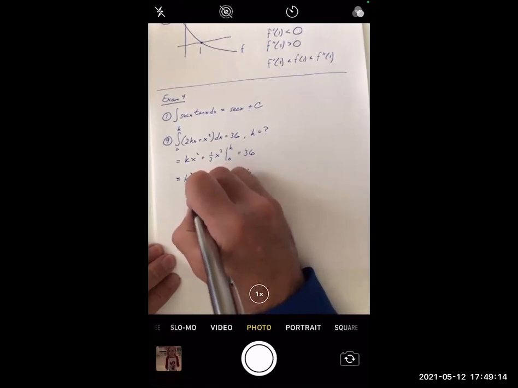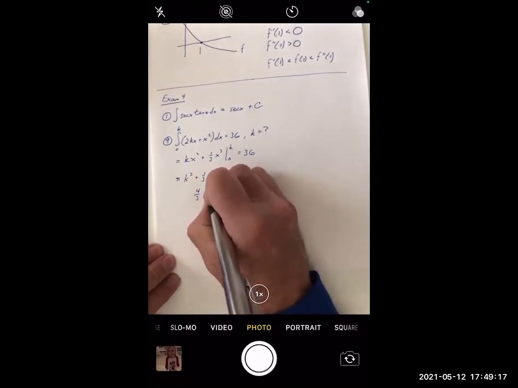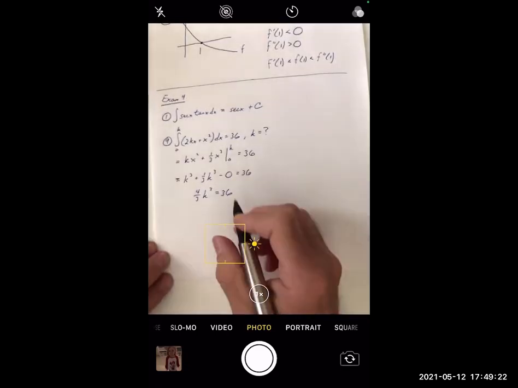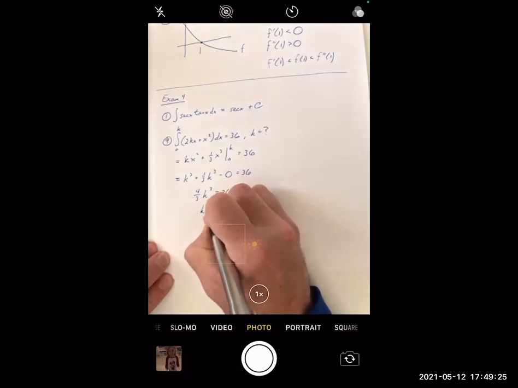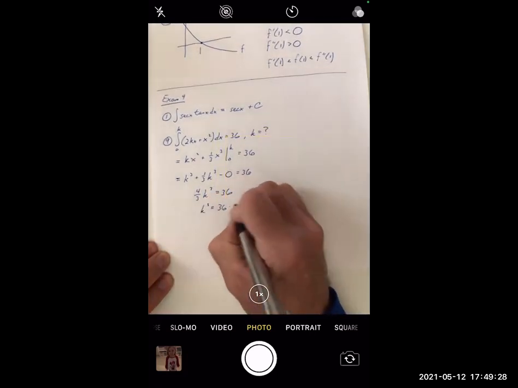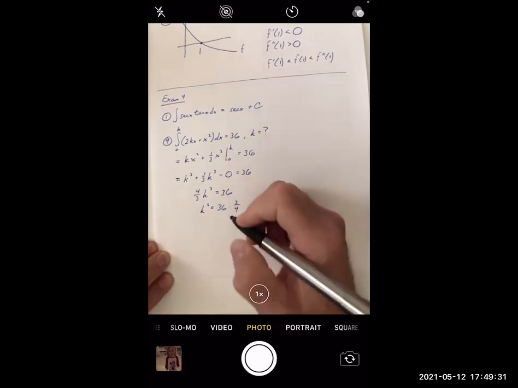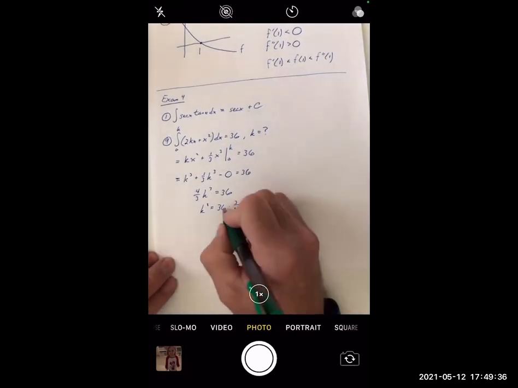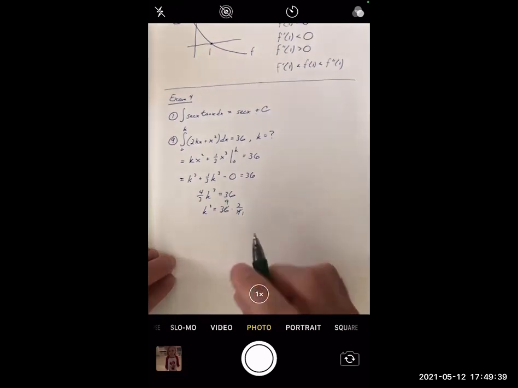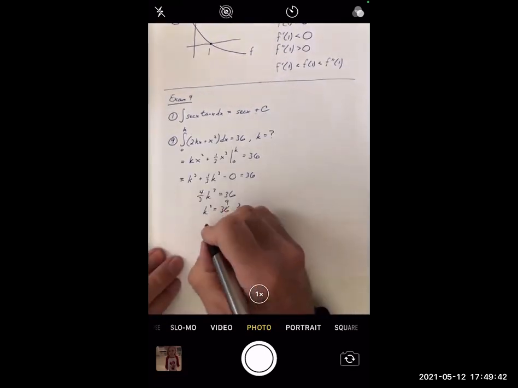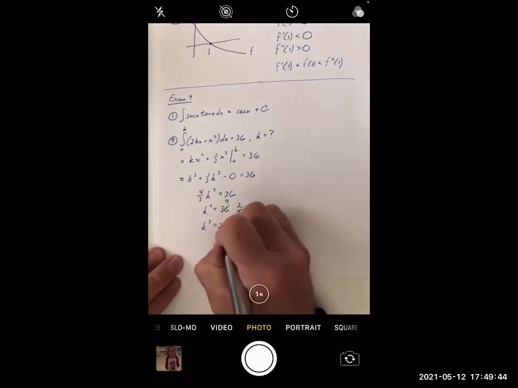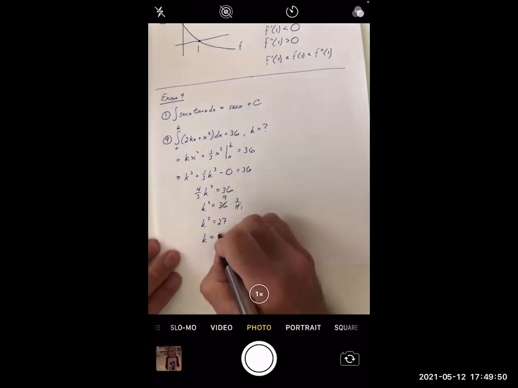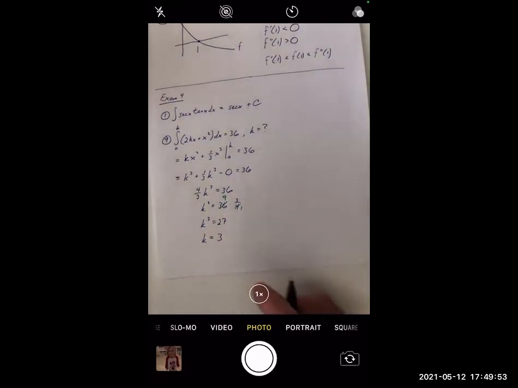Four thirds? 4/3 k to the third. So it equals 36. So it gets k by itself. And then you can simplify it. So like 4 goes into 36. 9 times 3 is 27. So the k is just going to equal 3.